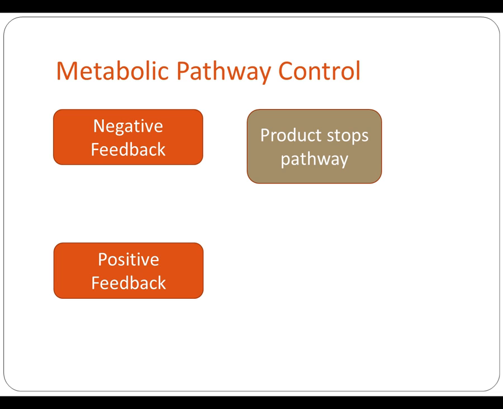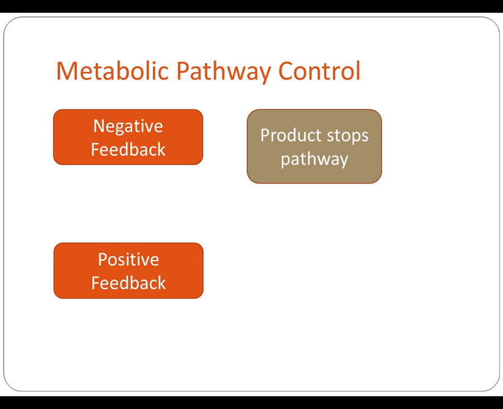What that means is, if we accumulate a product, the metabolic pathway has done its job. Should we keep the pathway going? No. Let's turn it off. That is called negative feedback. So if we overaccumulate the product, what should it do to the first enzyme? Cut it off.